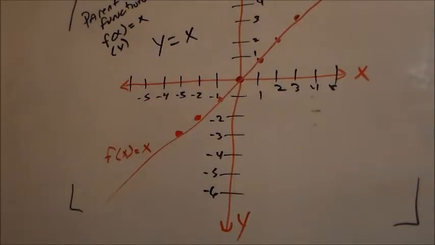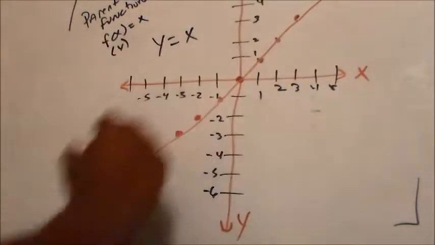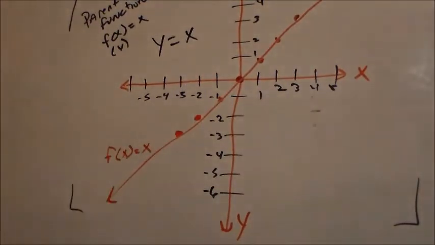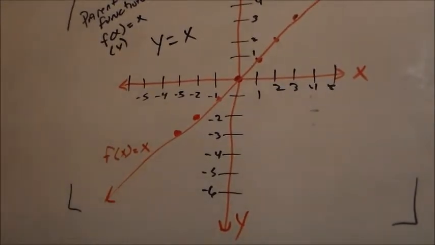So we got our red line, f of x equals x. Now let's use another color. I need something strong, and I don't want to shake my camera.